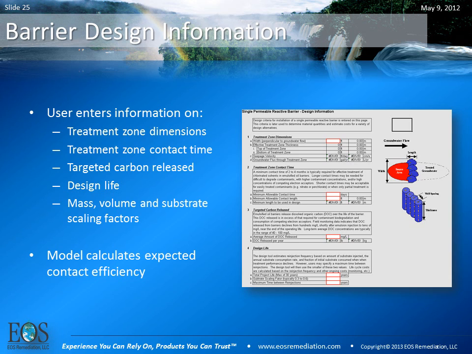Again, it's the amount of oil that you're adding per unit volume, and so anywhere from 0.2 to 0.6 is a good number to type in. And your model then calculates your expected contact efficiency, and you can consider whether that is a good efficiency for your needs or not, and then adjust your design accordingly.